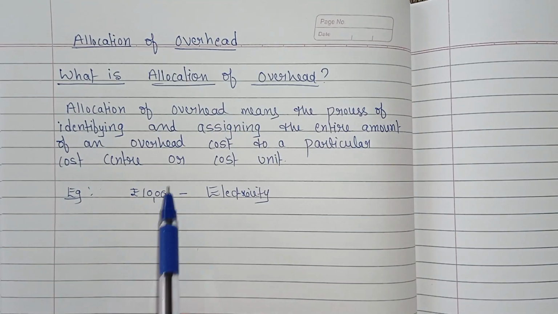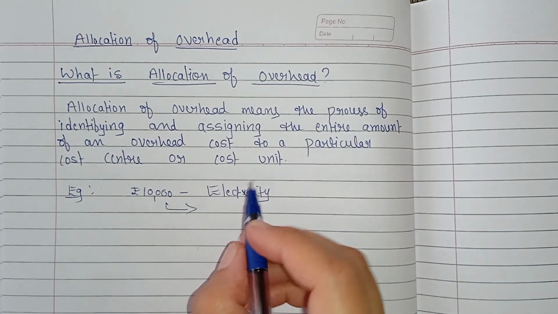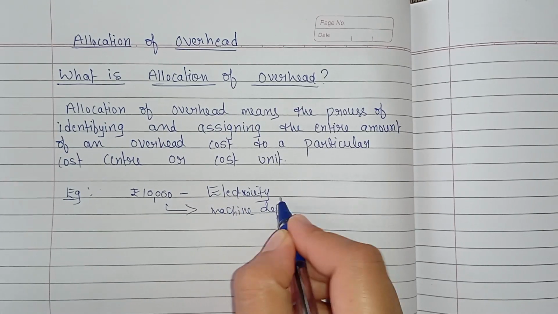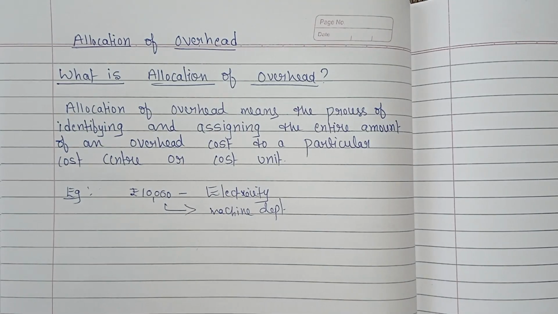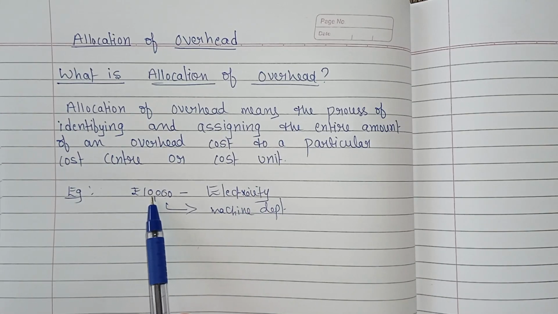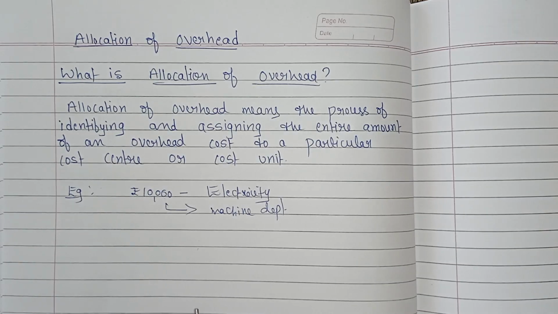Now if this rupees 10,000 is related only to the machine department, which is a cost center in our example, then this electricity charge belongs only to this machine department.